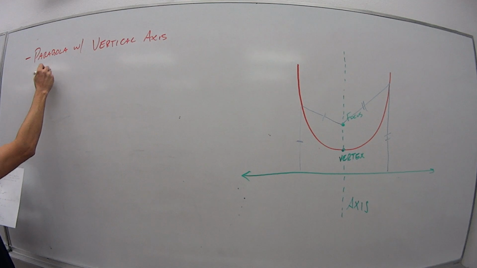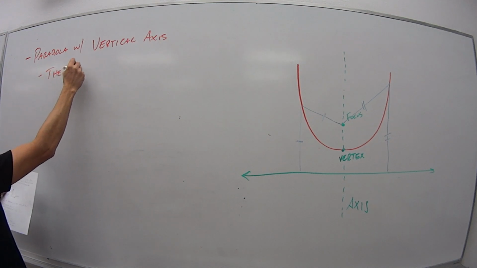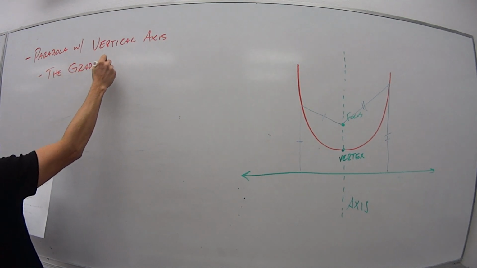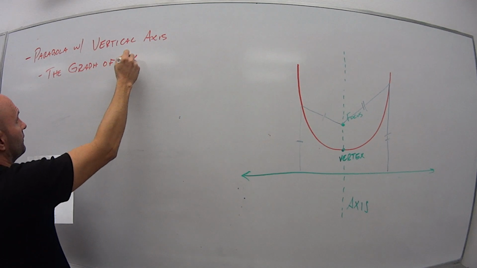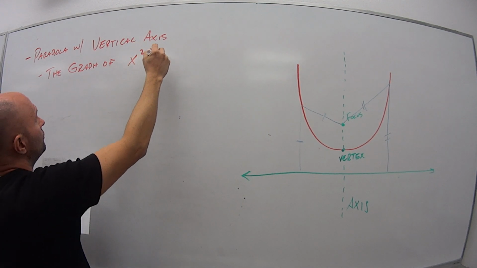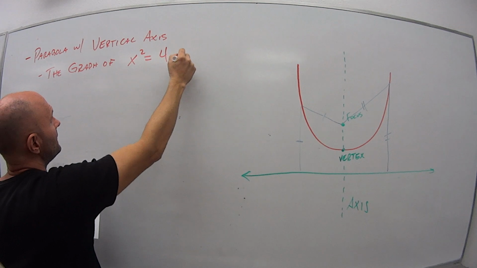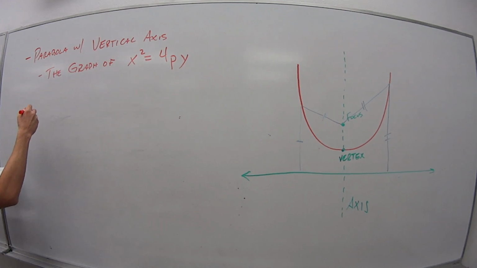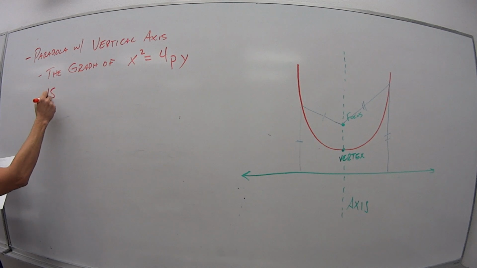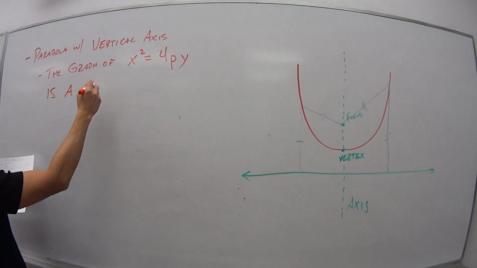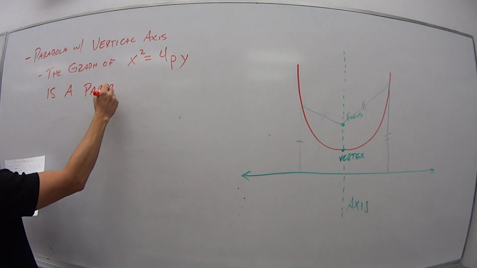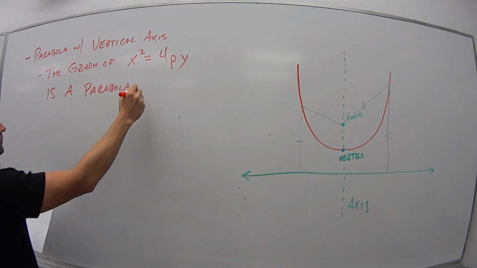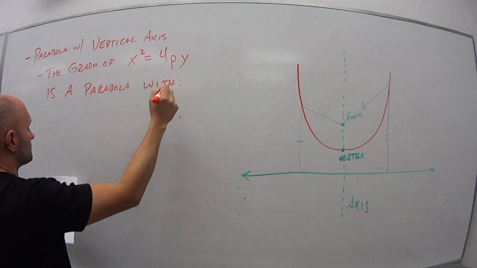So this is the graph of x squared is equal to 4py. That 4py has different meaning. This is the graph with this equation, and this is a parabola with the following properties.